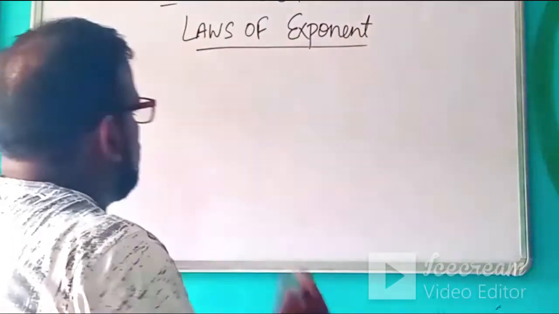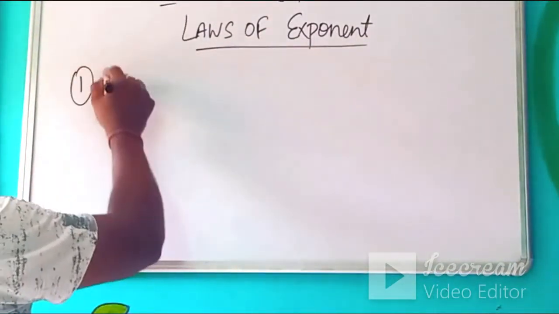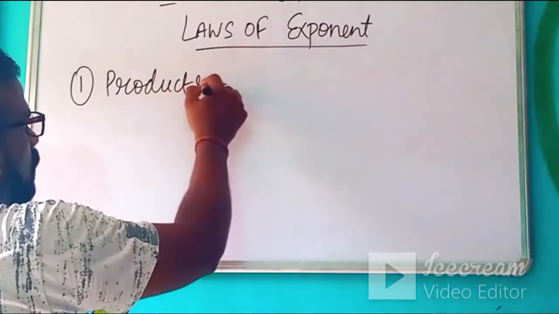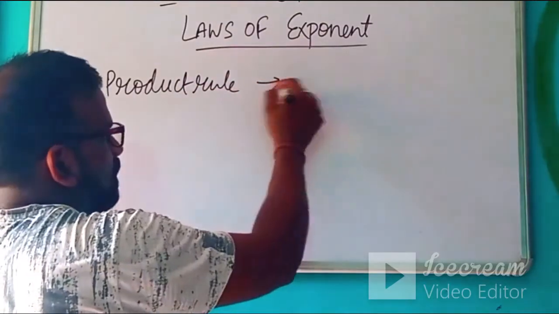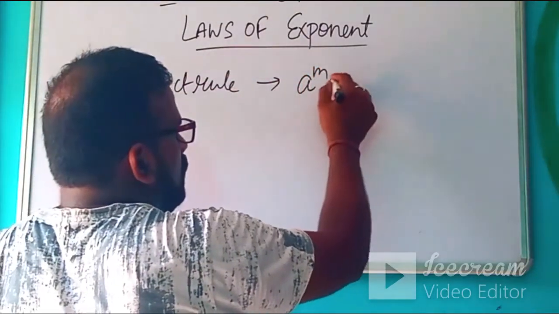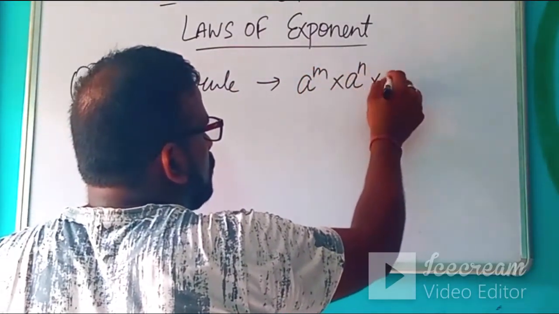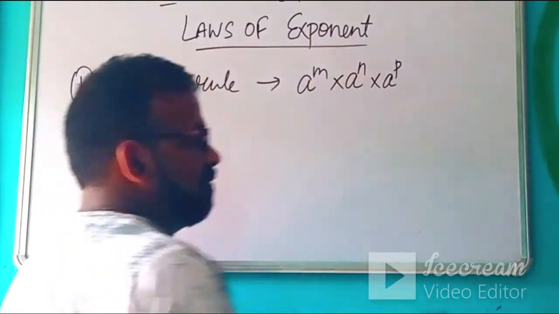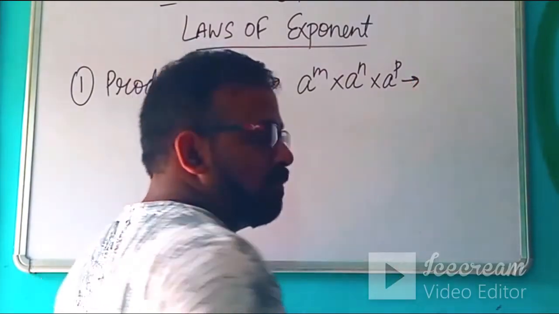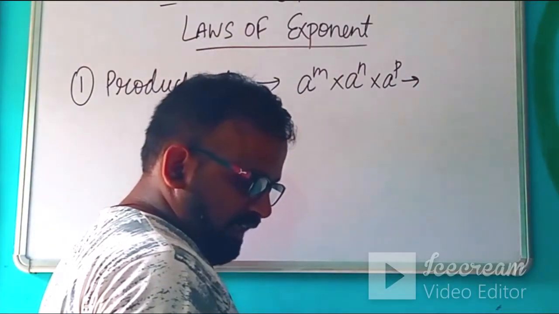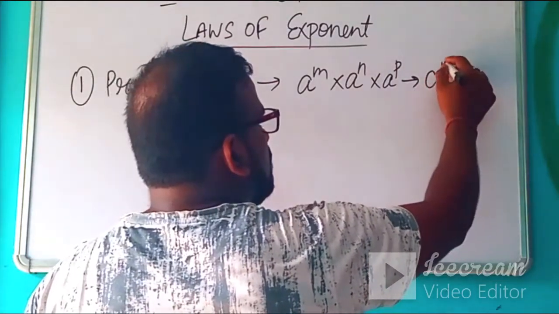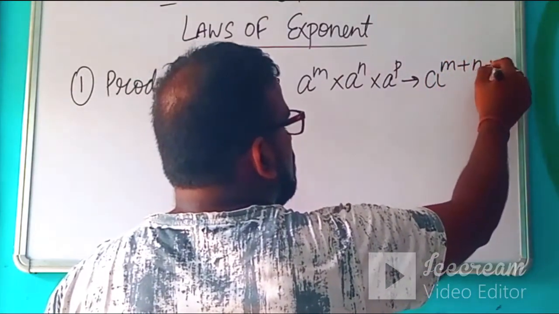Starting with the very first law, that we call the product rule. If two or more numbers are there such that their bases are same and they are multiplied together, then we will simply add the powers of the number.